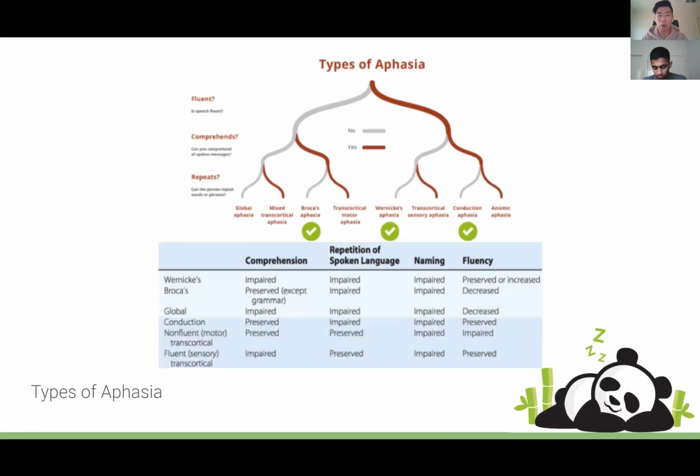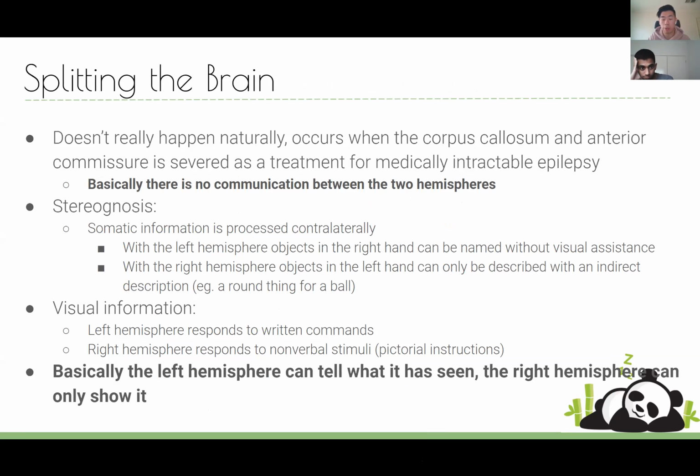Split brain is a thing, I guess. Basically, what we're looking at here is when the brain is split medically, because none of them really ever happen by itself. But what we notice is there's a miscommunication between the right and the left-hand side of the brain. So when looking at stereognosis, the left hemisphere can process what's in the right hand without visual assistance, while objects in the left hand can only be described with an indirect description, i.e. they can't specifically tell what it is, they can just say the vagueness of it.